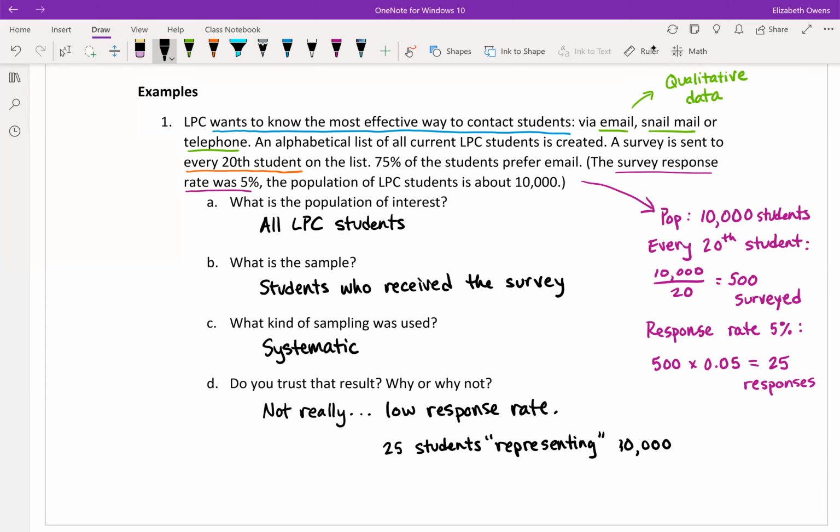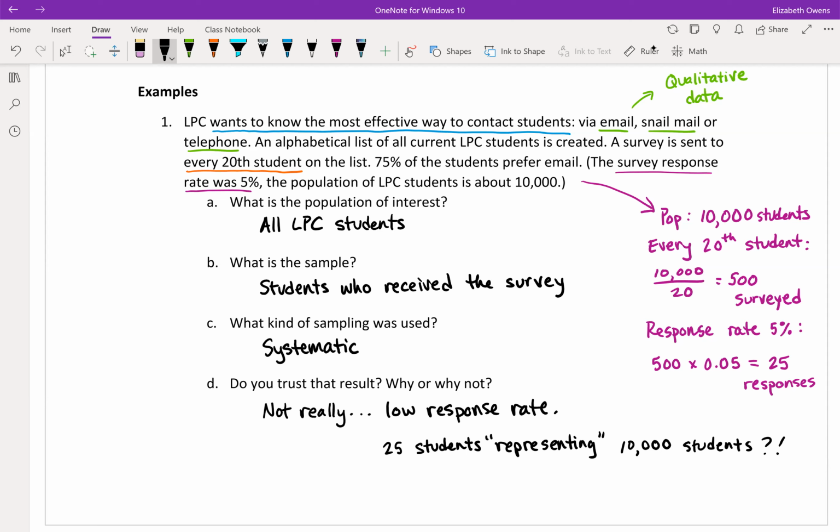So 25 students that submitted the survey are allegedly representing the 10,000 students at the college. So that's a little questionable in my opinion. So yeah, I would not particularly trust that result. You'd need to do a better survey, but yeah, we've got our answer there.